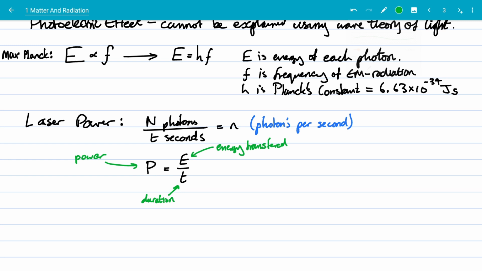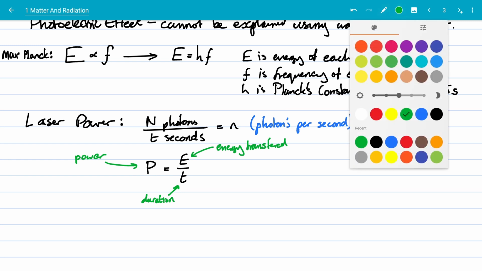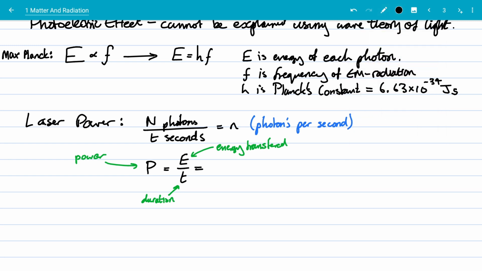So the energy that's being transferred is what? Well, the energy that's being transferred by our laser is going to be equal to the number of photons multiplied by the energy of each photon, which is hf. And so that's going to be equal to n, the number of photons per second, times hf.